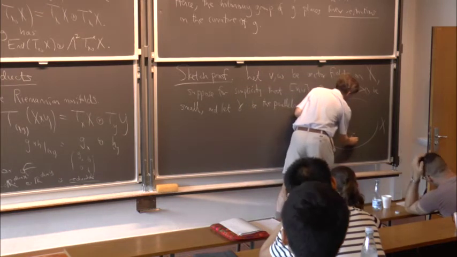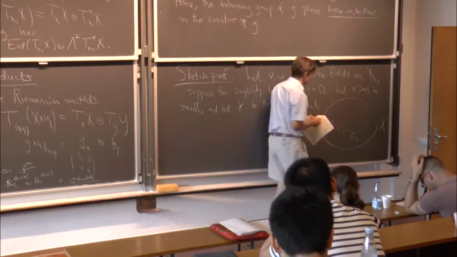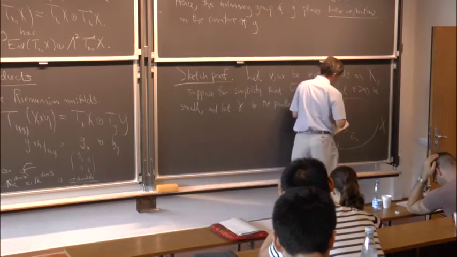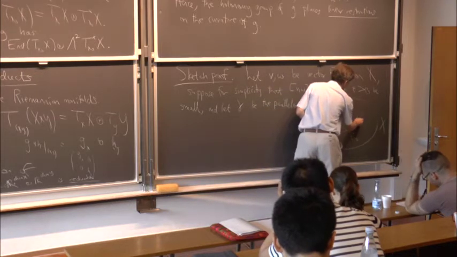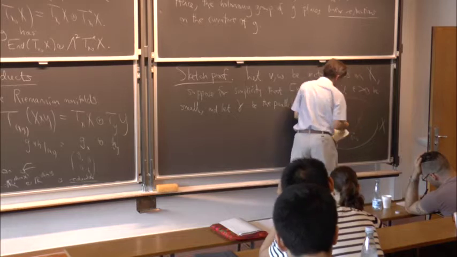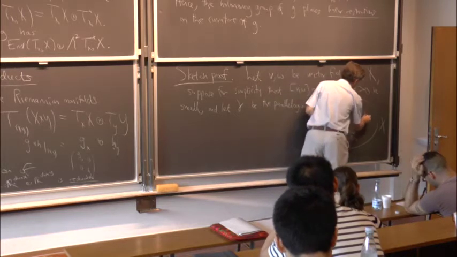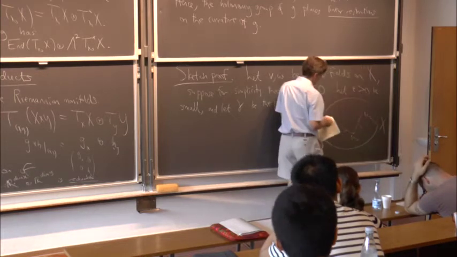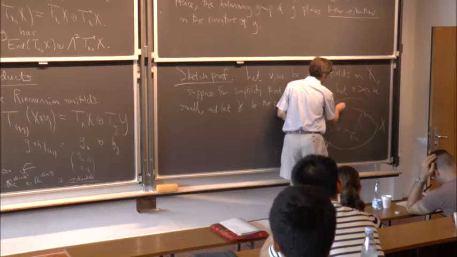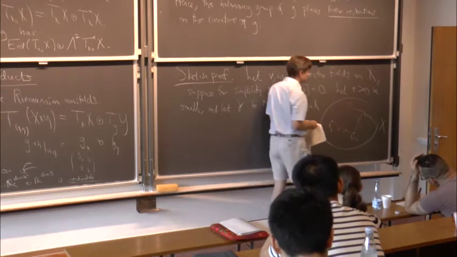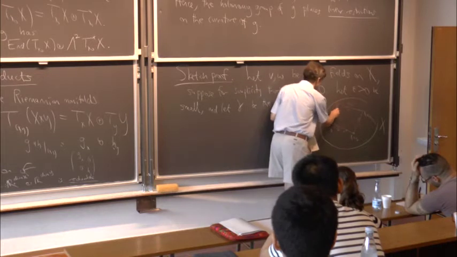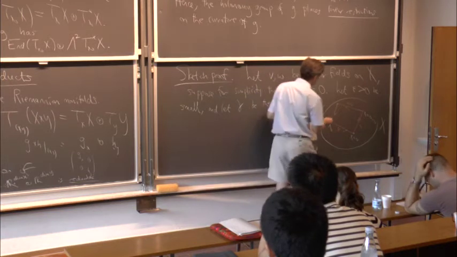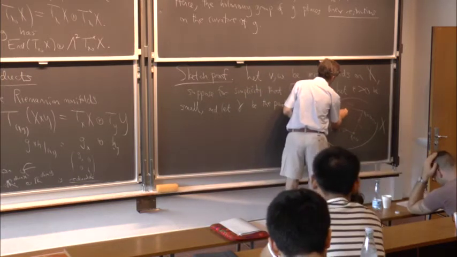So we can think about that as x0 plus epsilon times V. So I follow the flow of V for time epsilon, and then I follow the flow of W, again for time epsilon. So this can be x0 plus epsilon V plus epsilon W. Then I follow the flow of minus V for time epsilon, and then I follow the flow of minus W for time epsilon. So that's x0 plus epsilon W.